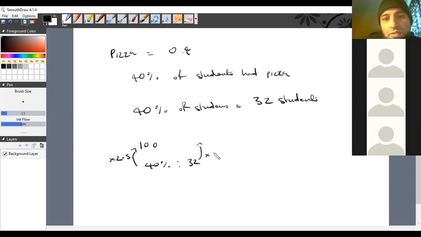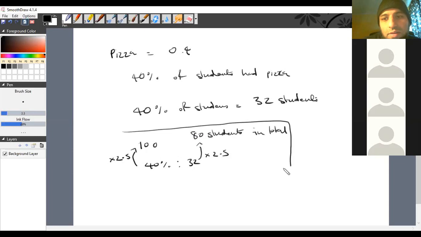Times it by 2.5. So 32 times 2 is 64, and then the 0.5 will give you 16, so it should add up to 80 students altogether. 80 students in total. Now, before we carry on, does this part make sense, everyone? How I worked it out, yeah?